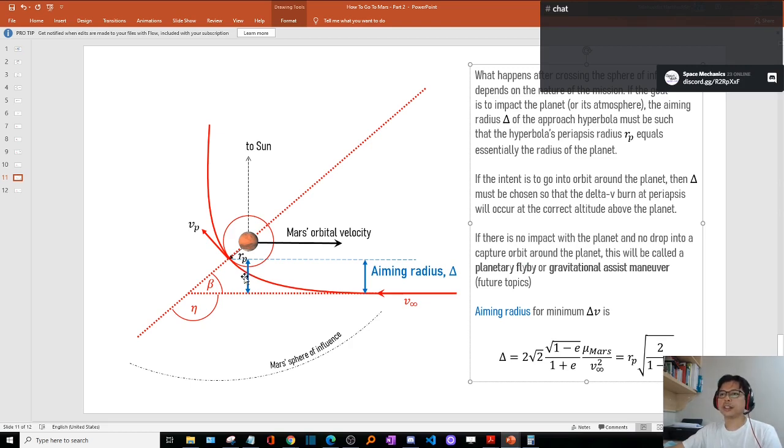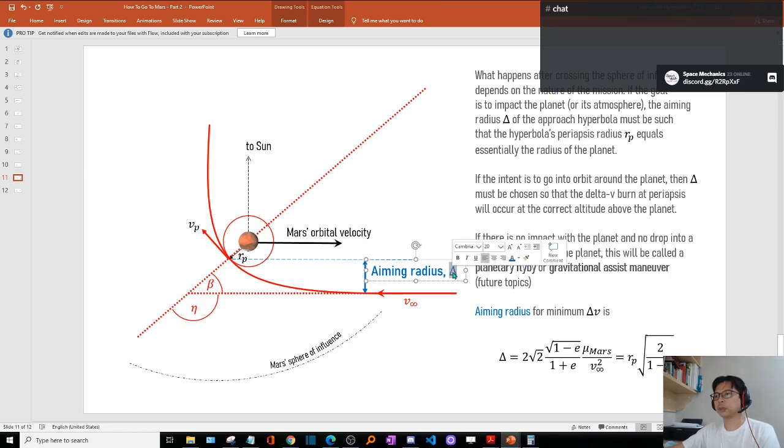All right. So this is what I call aiming radius. I use delta because this is what is being used in the Curtis textbook. If you use Fundamentals of Astrodynamics by Bate, Mueller, and White, I think they use the letter Y. I'm just going to be consistent here.